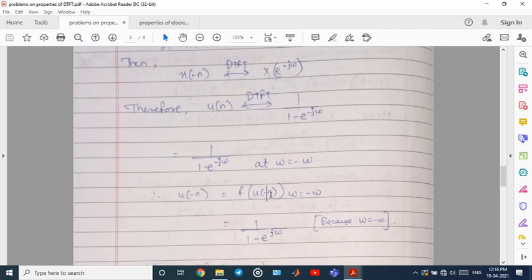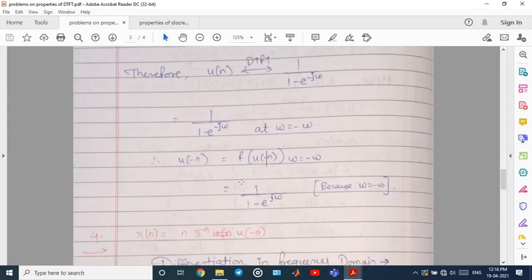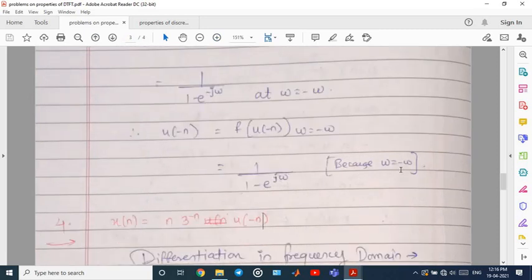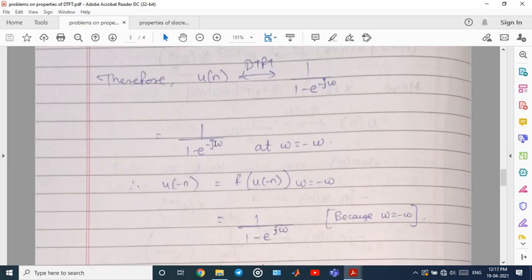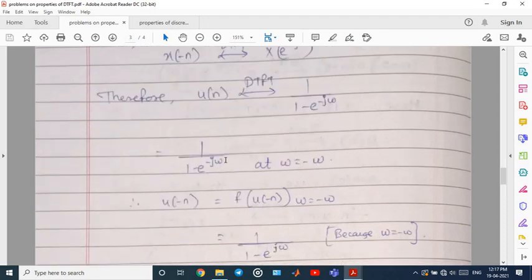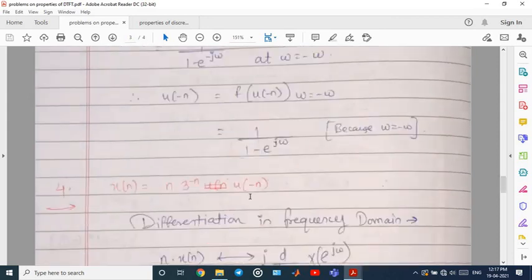So next it will be 1 upon 1 minus e to the power plus j omega. You can see plus j omega because omega is replaced by minus omega. This is the answer for the time reversal property.